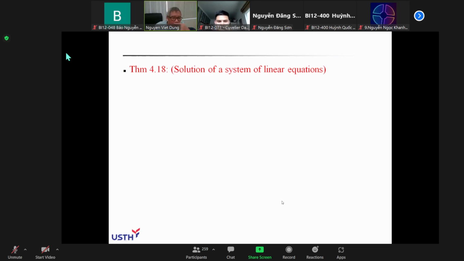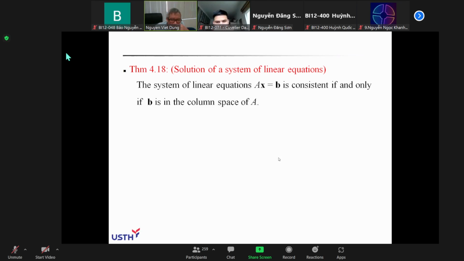Next, we consider the solution for a system of linear equations. Suppose that we are given a system of linear equations like Ax equals b, and we need to know if the system is consistent or not.